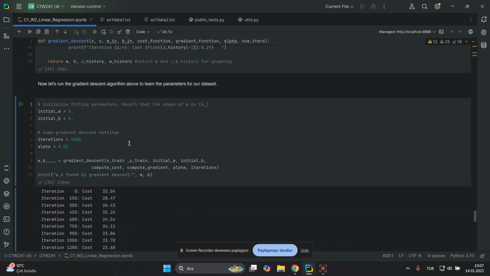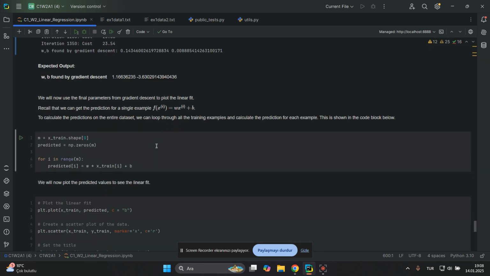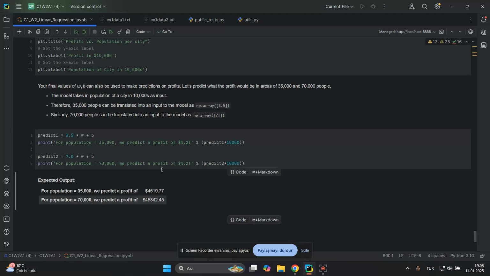Sorry, this is actually working. Now, these are the iterations; it's just running the same steps again and again, and we are finding the output found by the gradient descent here. And we will now use the final parameters from gradient descent to plot the linear fit.